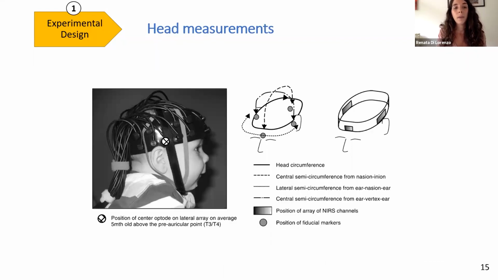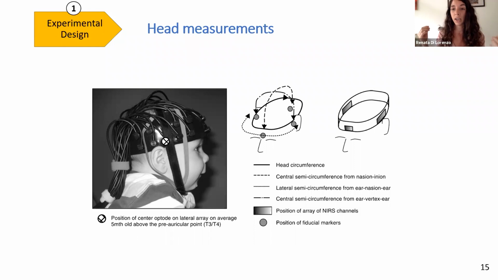Then an important thing to consider when you do an experimental design is to measure exactly how the cap fits the infant head, and to be consistent in the placement of these optodes across all the participants you have. Here you have an example, taken from a study from Sarah Lloyd-Fox in London, at Birkbeck College.